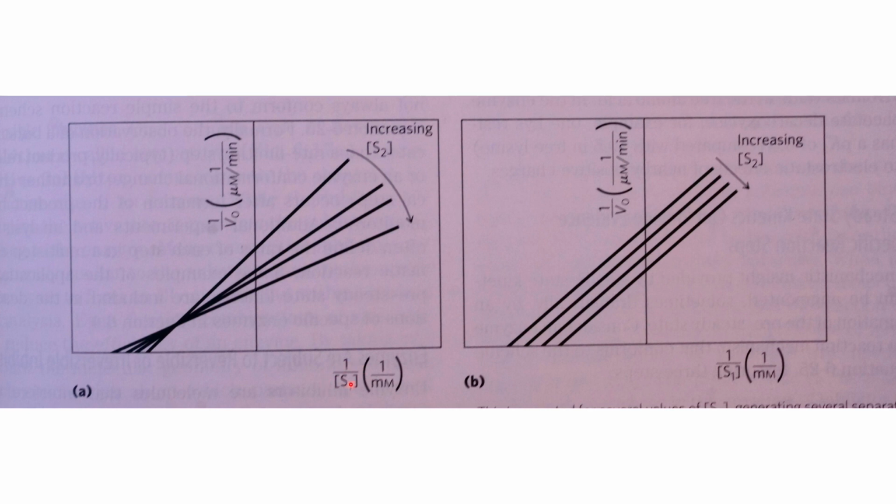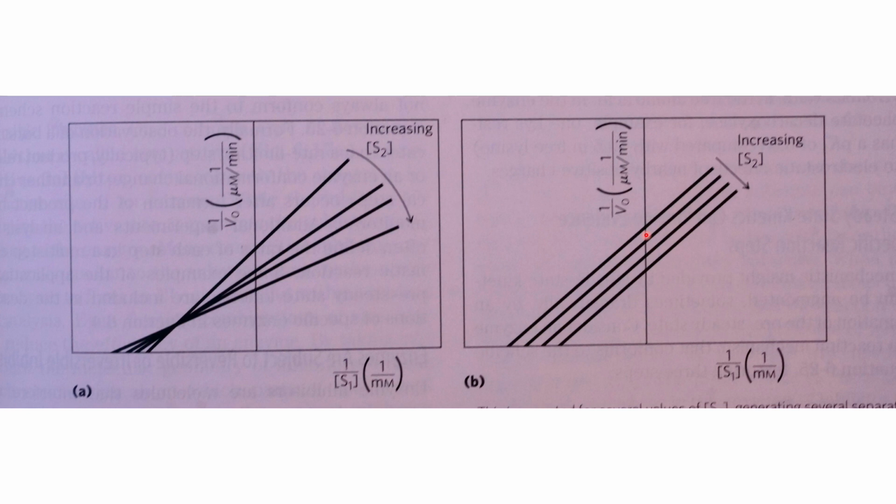So at a given first substrate, the amount of increased substrate of the second one drops this, and also will increase the Michaelis constant reciprocal over here, and the initial velocity will also change. This initial velocity will increase as the second substrate increases. This is a ternary, where the substrates react sequentially, and then you have the double displacement over here.